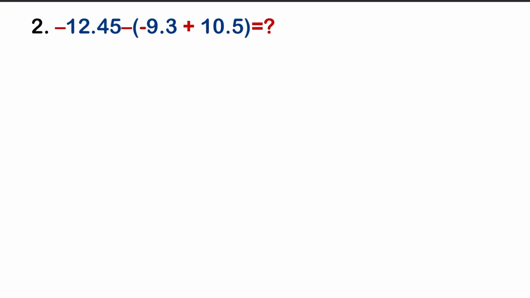Okay, so let's answer question 2. As I said, we are going to apply a lot of addition and subtraction of integers in solving this problem. Remember, if you have minus 9 plus 10, it is the same as 10 minus 9. So we are going to apply it here. We solve the bracket first.